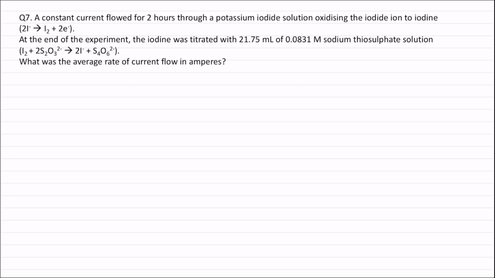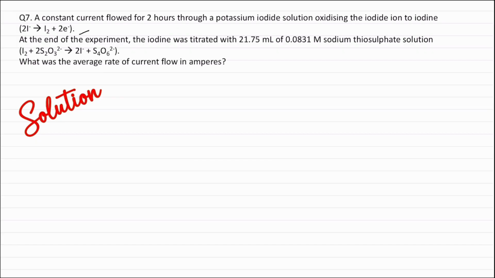The equation is given as 1 mole of iodine plus 2 moles of thiosulfate ion gives 2 moles of iodide ion plus 1 mole of S4O6 2 minus ion. What was the average rate of current flow in amperes?